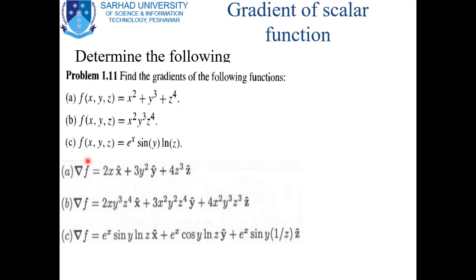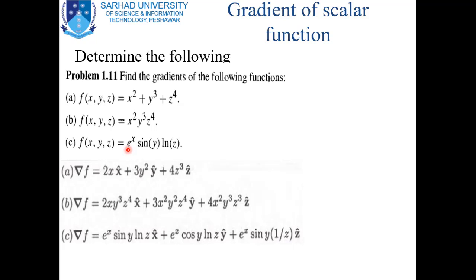So in the third part, we will differentiate these functions with respect to x, y, z. Remember that the differentiation of an exponential term with respect to some specific coordinate is unchanged.